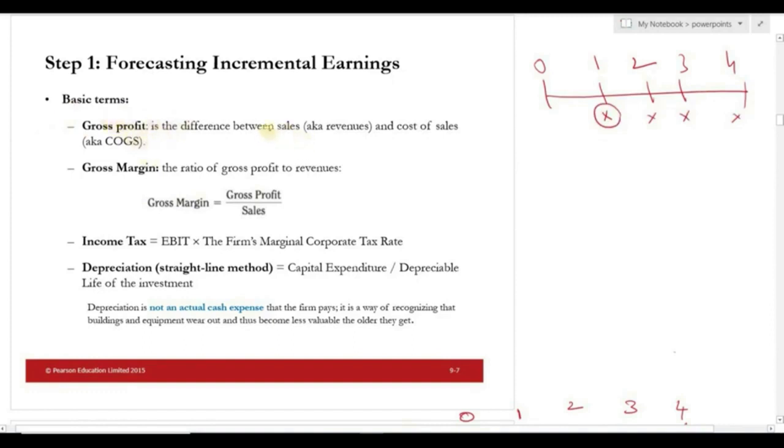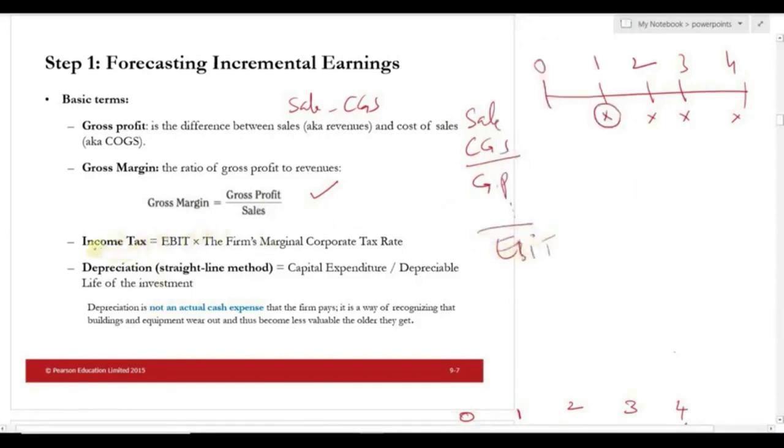Gross profit is basically sales minus CGS. That we all know. Gross profit margin is basically gross profit divided by sales. After that we get to EBIT, right?